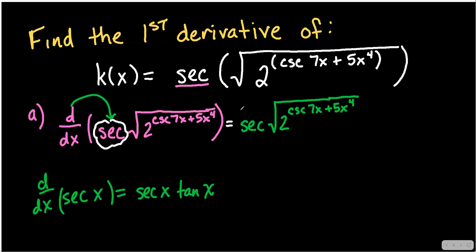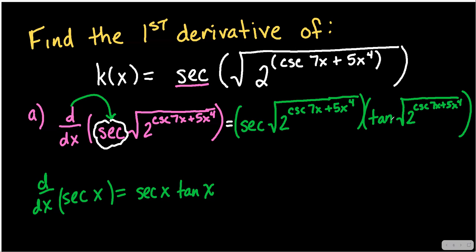There's our first piece. And the second piece is going to be tangent of that whole blob, so 2 cosecant 7x plus 5x to the fourth. And there's our first layer, so to speak, of this problem. Just looking at the secant gives me secant tangent of that function.